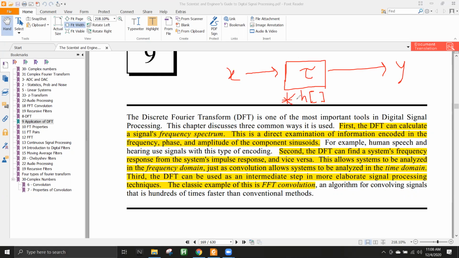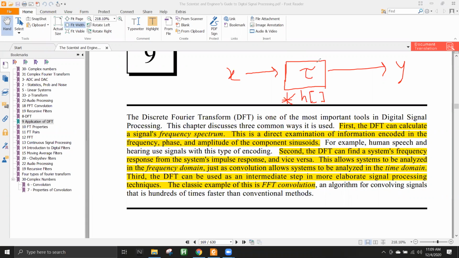Now one might think that this convolution happens in the time domain. So what would this same system do in the frequency domain? This is just what DFT allows you to calculate. It gives you a new perspective. That is, in the time domain, its behavior is that it performs convolution with something.